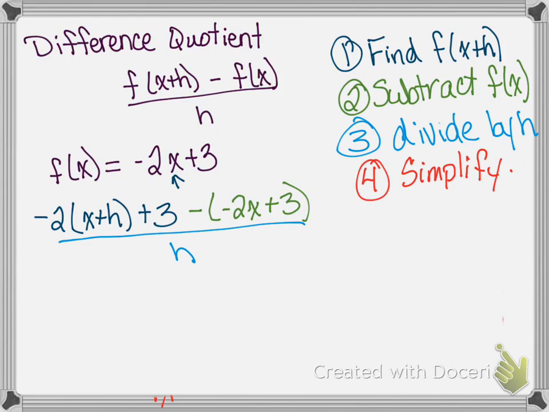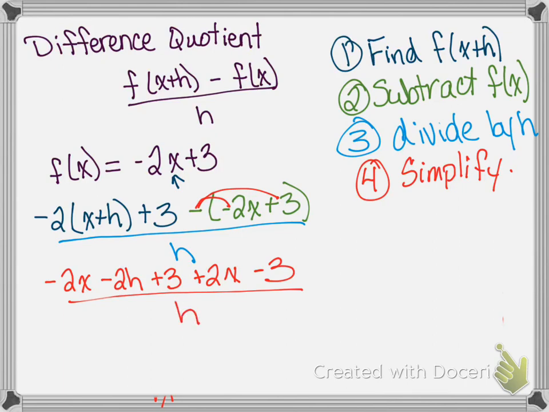And now I'm going to simplify. So with my negative 2, I've got to distribute. So I've got negative 2x minus 2h. I just bring my plus 3 down. Minus a negative is plus 2x. I've got to distribute that to both. So then I have minus 3.